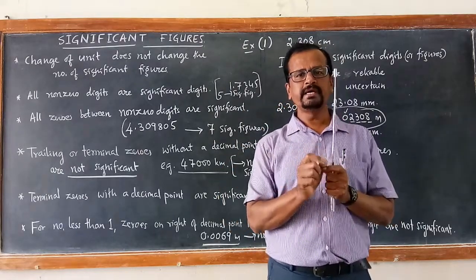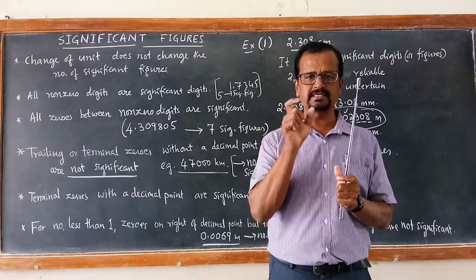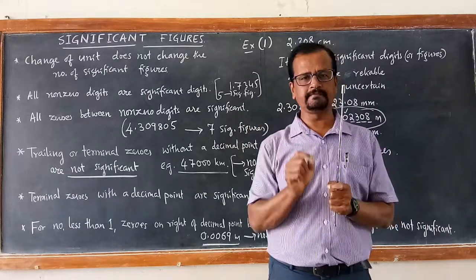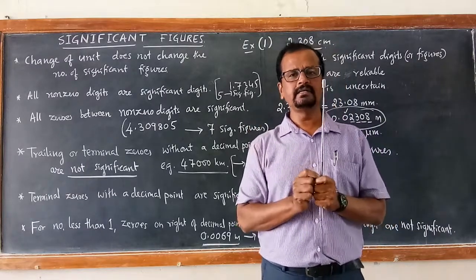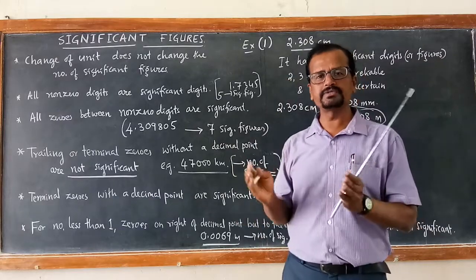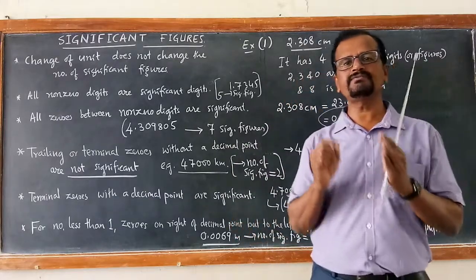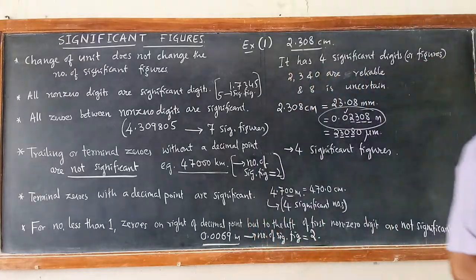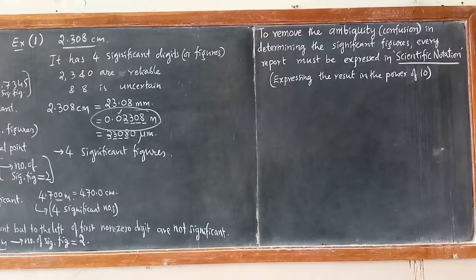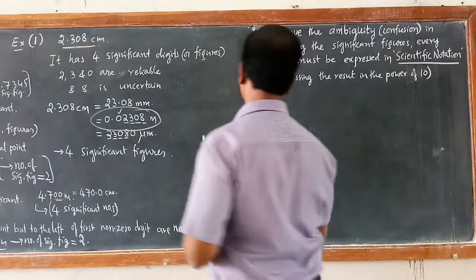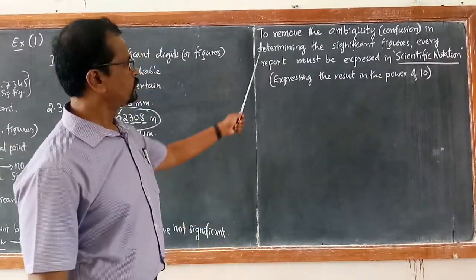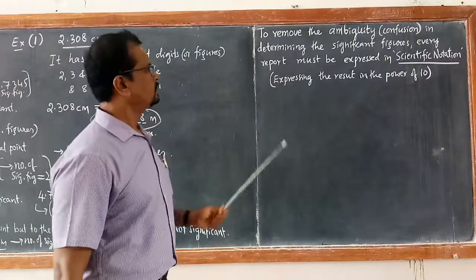Scientific notation means expressing the reported measurement in terms of a power of 10. There this ambiguity or confusion will not be there. Let us see what is the meaning of expressing a result in scientific notation.